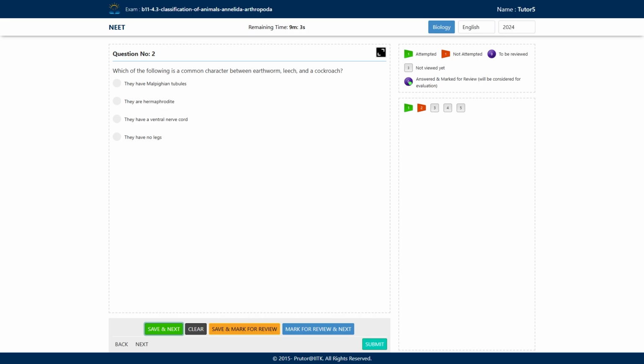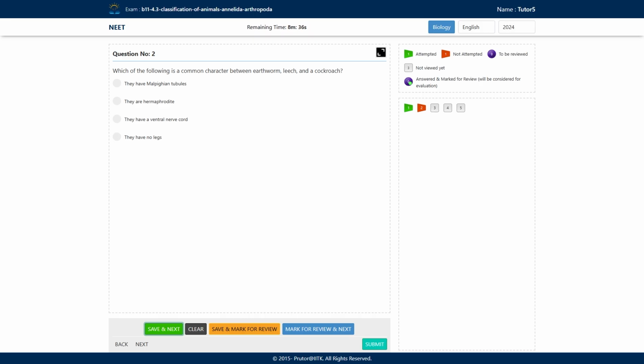The next question: Which of the following is a common character between the earthworm, leech, and cockroach? Common character. They have Malpighian tubules? Cockroach has Malpighian tubules, but earthworm has nephridia. They are hermaphrodites?